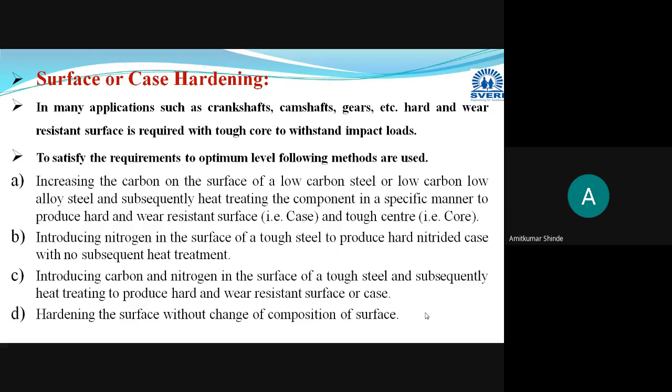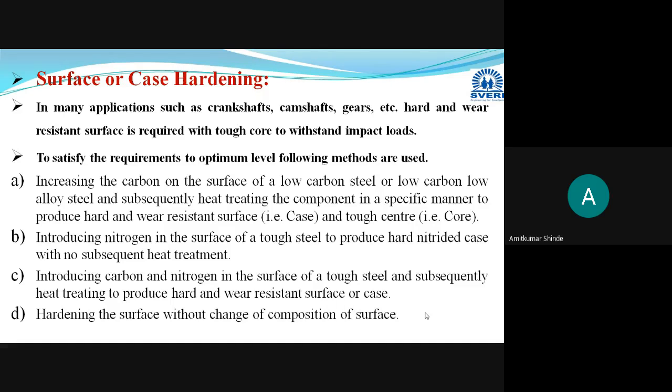Point-wise, we studied their purpose, the procedure to conduct each process, their different types and their applications. We also learned the concept of retained austenite, its effect, and how it is eliminated.